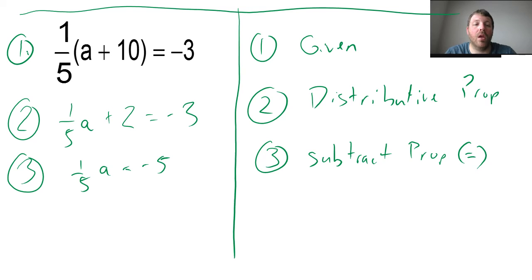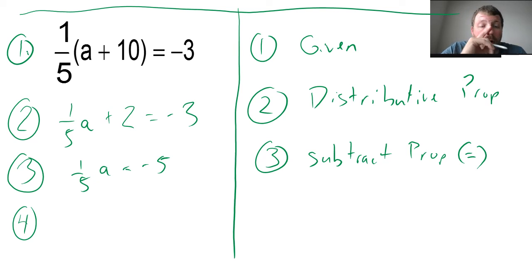Now our last step is either to multiply or to divide. The real mathematicians would tell you to multiply, and so that's what you should do. I should be multiplying both sides by 5, or we would be dividing by 1/5.